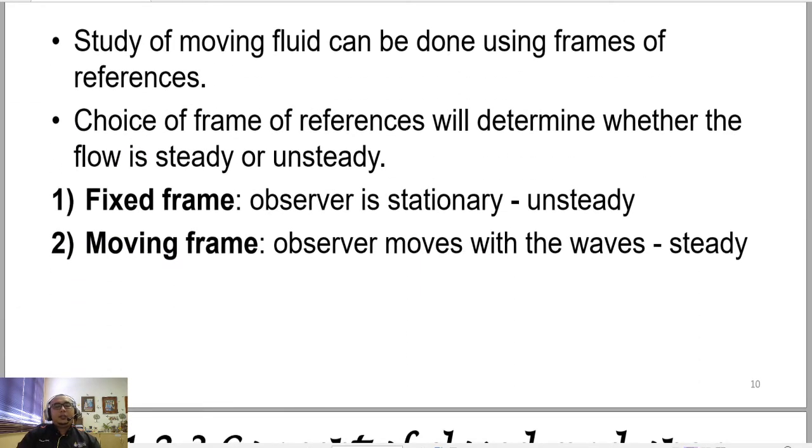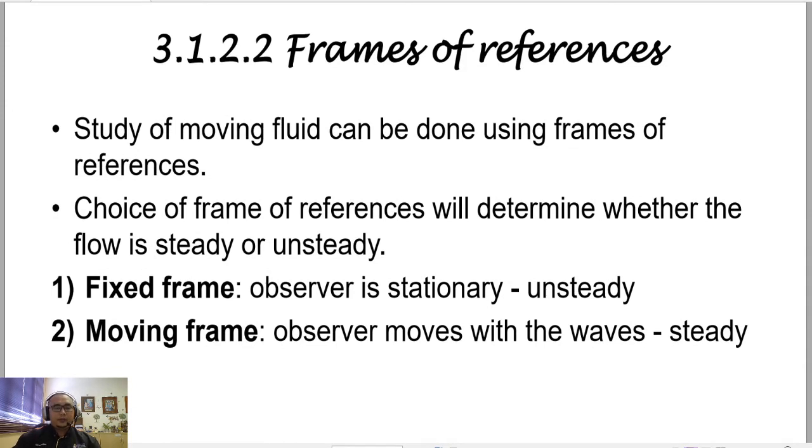Okay, kemudian kita tengok pula frames of references. Okay, study of moving fluid can be done using frames of references. Choice of frame of references will determine whether the flow is steady or unsteady. So basically the condition of the frames, dia akan menentukan kita punya flow, sama ada flow kita adalah steady ataupun unsteady.